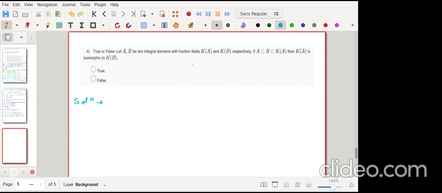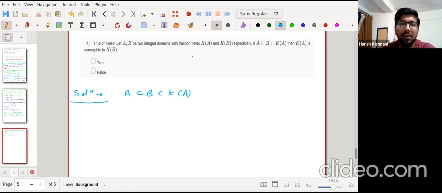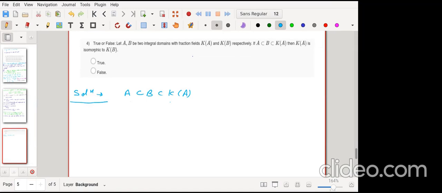Sir, it is true. Why? K_A is the smallest field containing A, but here B contains A. B is not a field. Oh, yes.